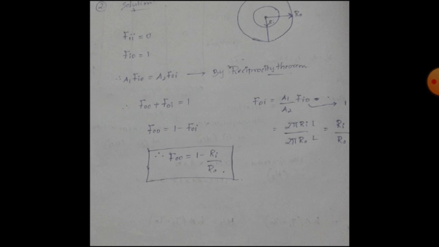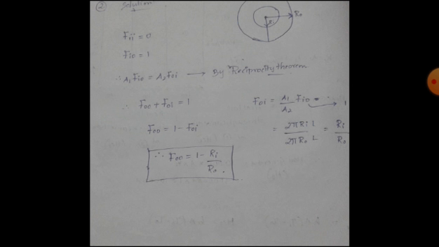Now consider the shape factors for the outer cylinder. There will be two shape factors: one for itself and another to the inside cylinder. The sum of shape factors is equal to 1. We have found FOI, that is Ri by R naught.